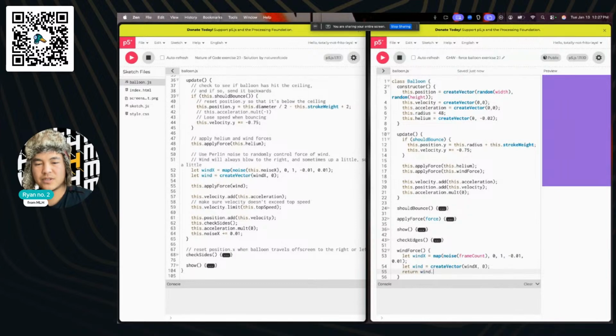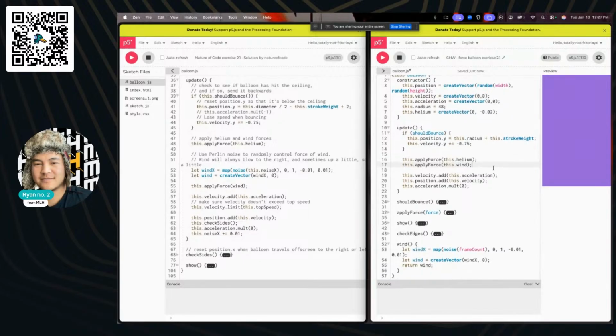Return wind. Okay, maybe let's just call this wind. Wind. I think that looks nicer. Okay, so now let's look at what it is that we have. Should bounce. It should be this dot should bounce.